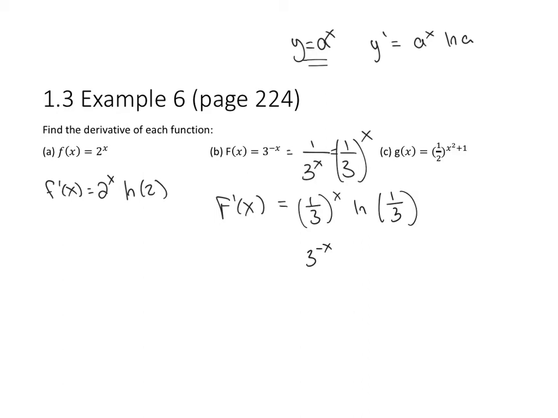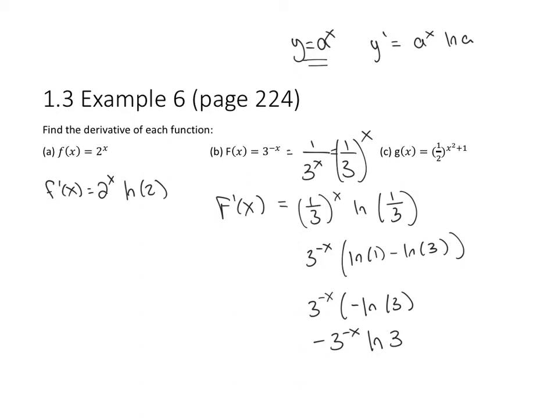I can make that ln of 1 minus ln of 3. And hopefully remember that the natural log of 1 is 0. It's actually the only one that you have to memorize. So the natural log of 1 is 0. And then I can rewrite this as 3 to the negative x times negative ln of 3, or negative 3 to the negative x times ln of 3.